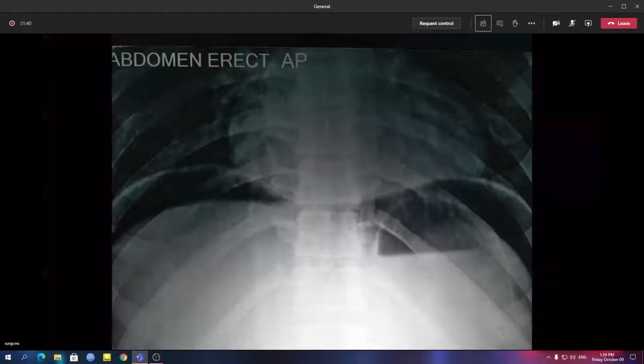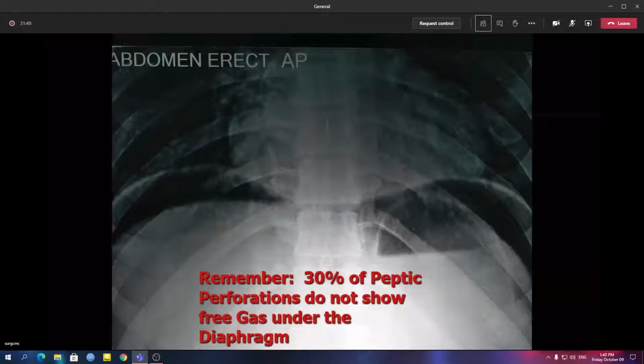Okay, so in some x-rays you can get this kind of pictures, but also remember 30% of peptic perforations do not show free gas under diaphragm. So if you don't get a free gas under diaphragm, don't just rule out peptic perforation. It can be one. There are other ways of determining it. But please remember this thing.